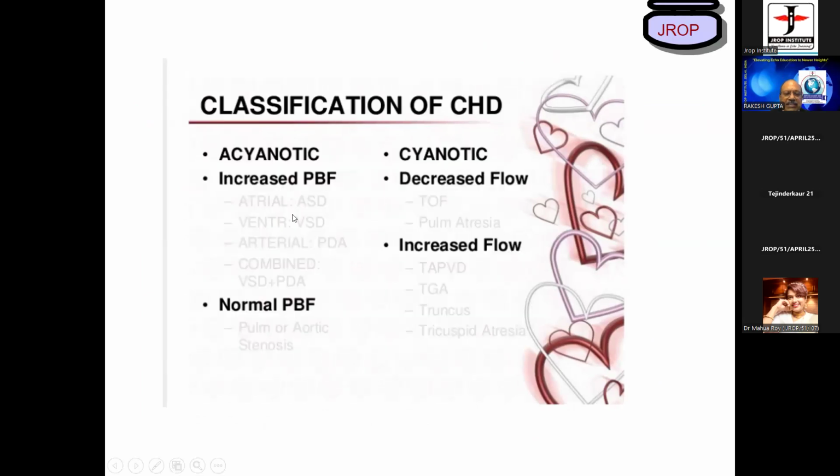Pulmonic blood flow increases in ASD, VSD, PDA, and combined VSD with PDA, while normal or reduced flow could be in pulmonic stenosis. Then we have cyanotic diseases with decreased or increased blood flow. Decreased flow occurs in TOF and pulmonary atresia: you have cyanosis, but at the same time your lungs are oligemic.